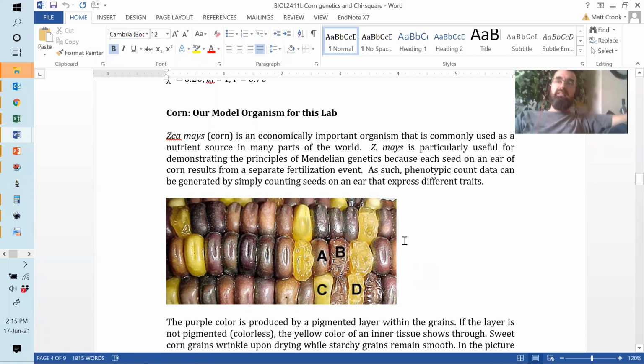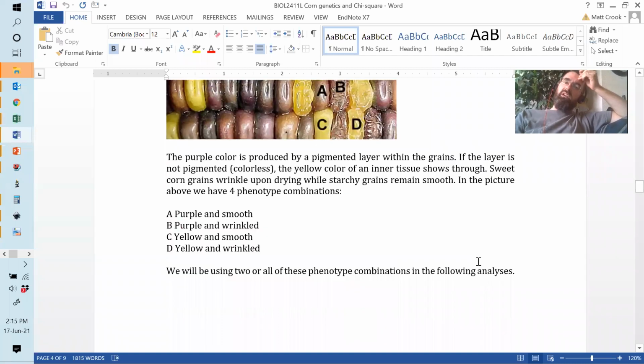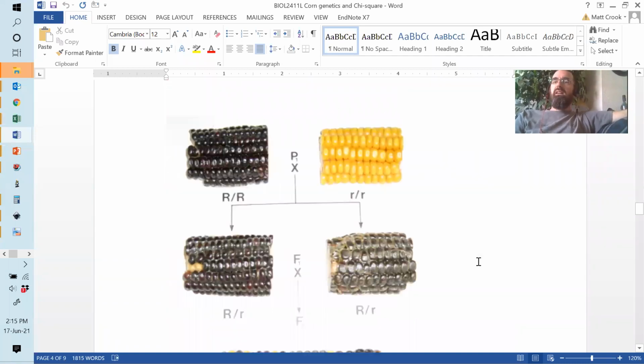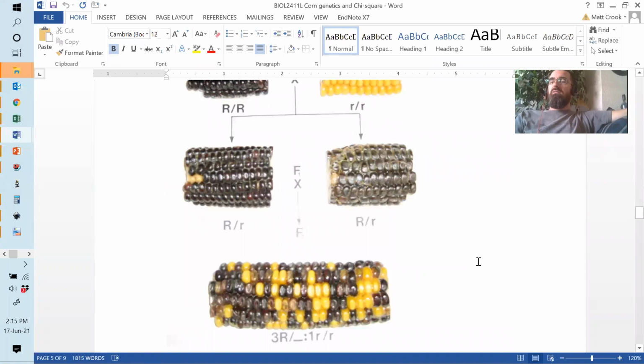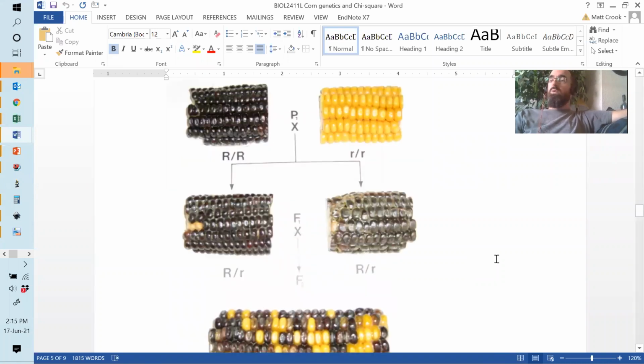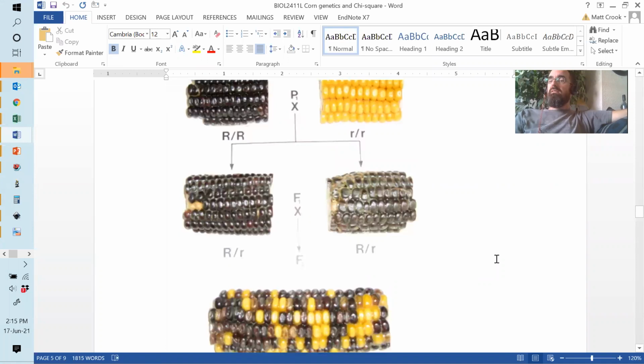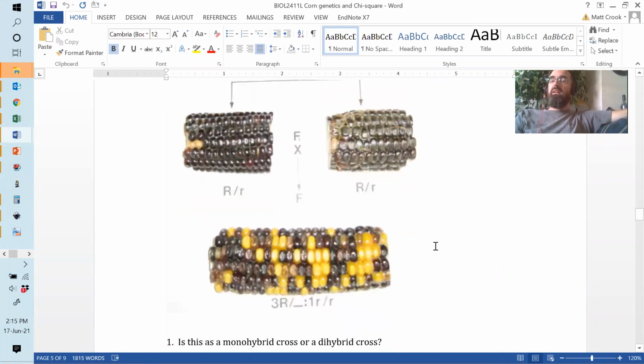So this is exactly the same principles as we followed in monohybrid and dihybrid crosses. You'll actually see the cross laid out here for you, which will give you a good answer as to the two phenotypes that you're looking at, which one's dominant, and the ratio that you should expect in the offspring, right?